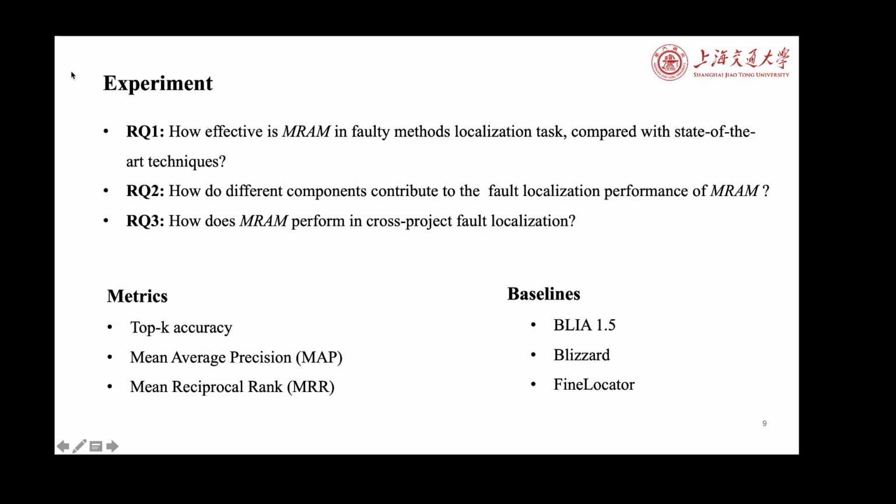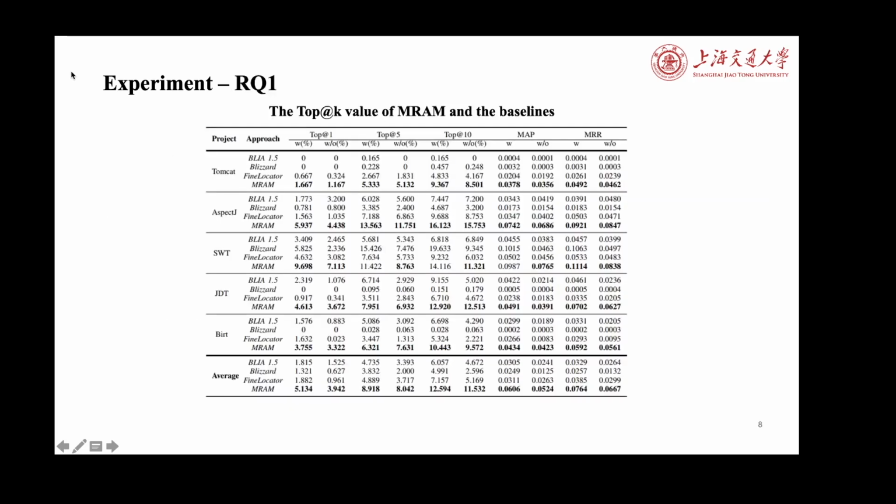We conduct a series of experiments to answer the following questions. How effective is MRAM in fault localization task? How do different components contribute to MRAM, and how does MRAM perform in cross-project fault localization? For research question 1, we compared our MRAM with baselines on 5 open source projects.